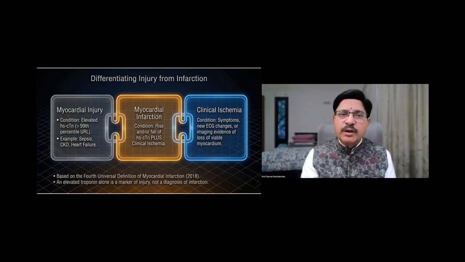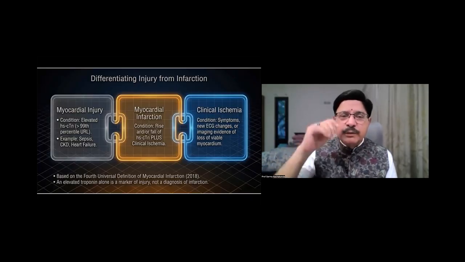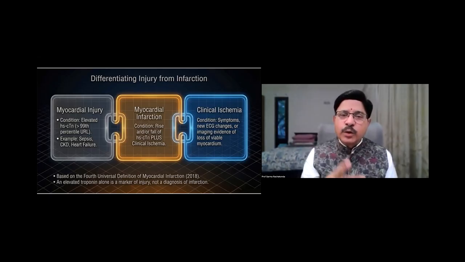You have to understand injury from infarction. Injury is lack of blood supply to the tissue. The tissue is crying. That is injury. And total cutoff, the tissue is dead. That is infarction. A common feature is elevated high sensitivity troponin, more than the 99th percentile of the upper range of the norm.